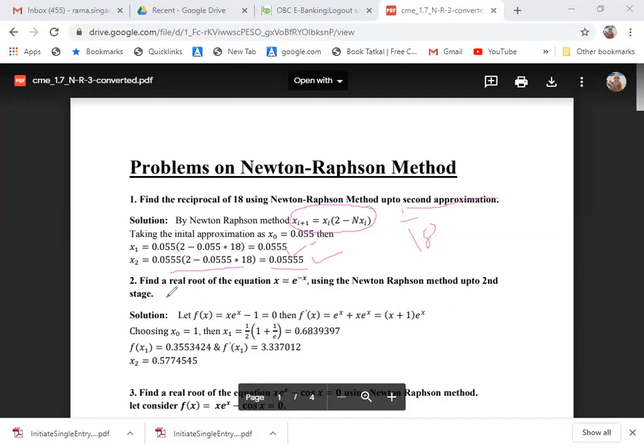Now the second problem is find the real root of the equation x equals e power minus x using Newton-Raphson method up to second stage.